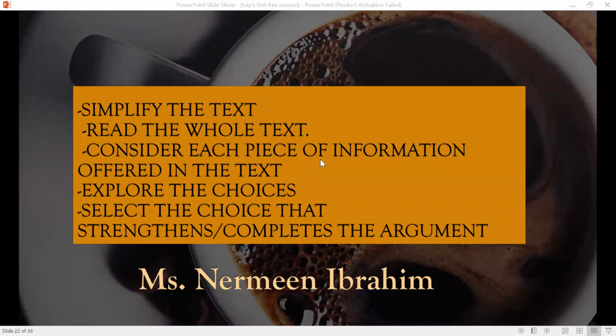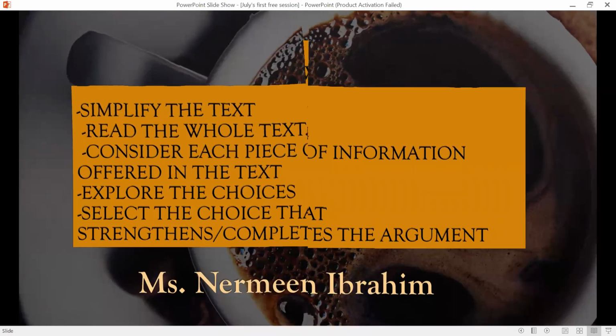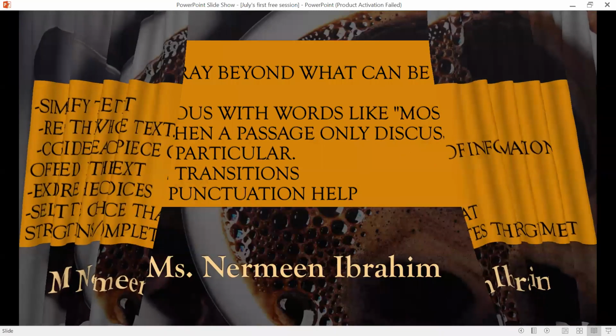And we rely heavily and focus more on the very sentence that needs to be completed, especially if this sentence is linked to the sentence before using a transition. This is what I will stress here.